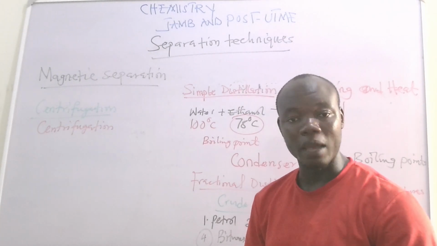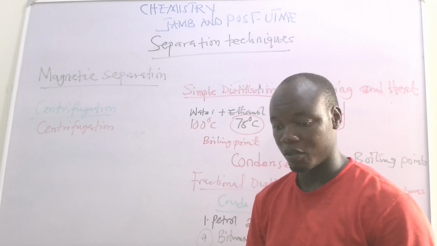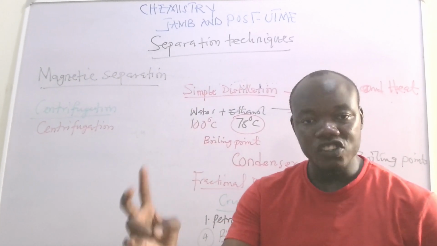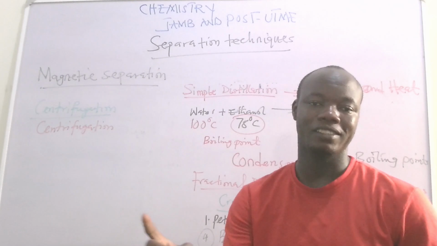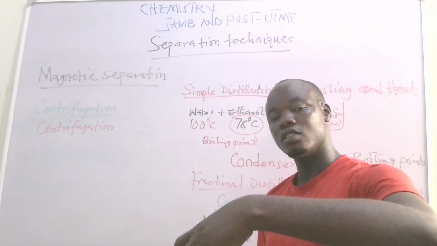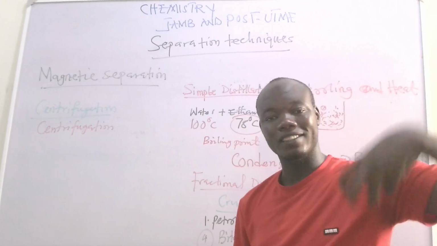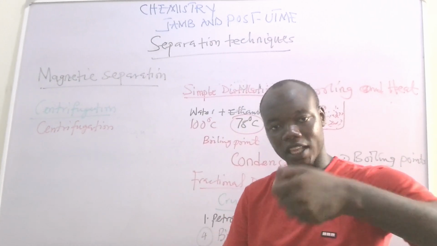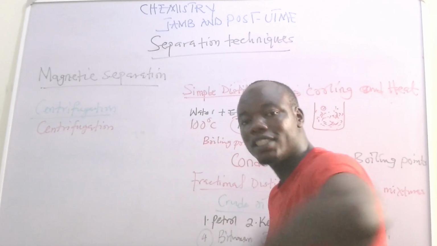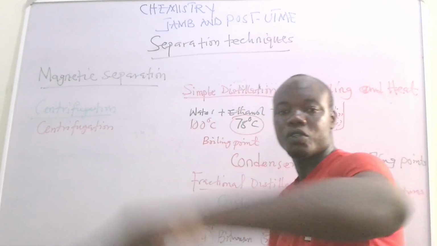It is based on the gravity, the shape, the density, the sizes, and the rotor speed. As you have your concentrated particles inside a liquid, you rotate it.